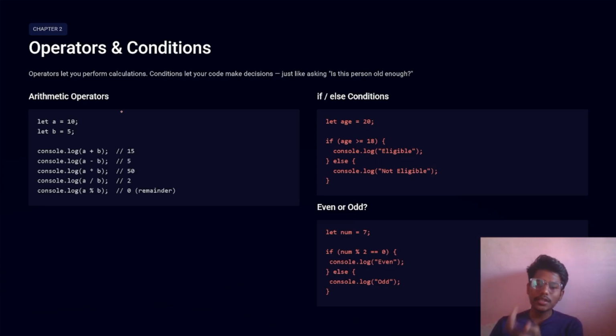What is meant by operators and what is meant by operations? You can remember that these are two different words. Operator is a different word and operation is a different word.